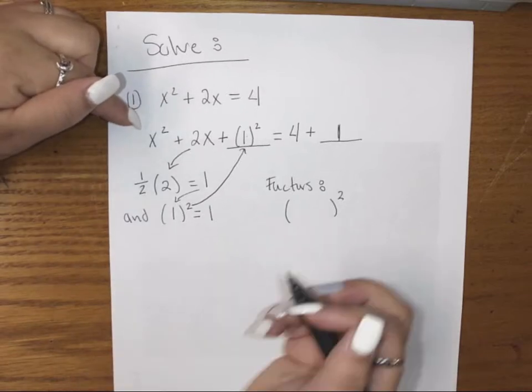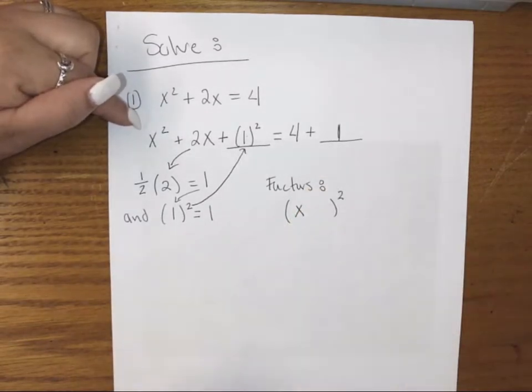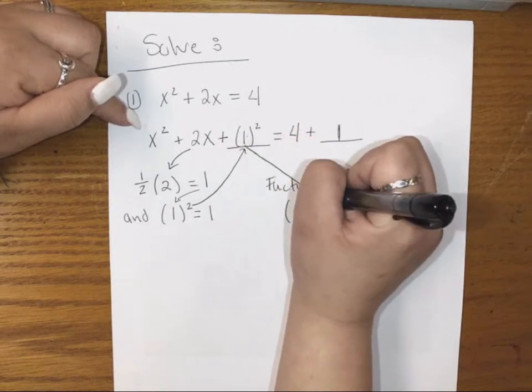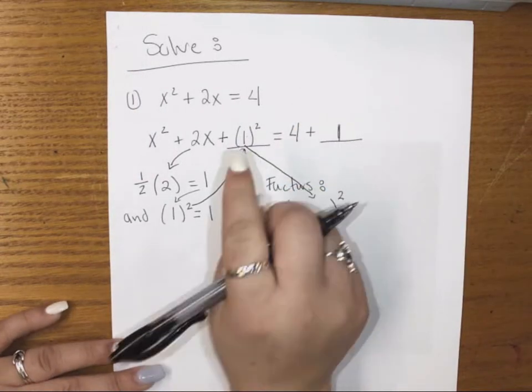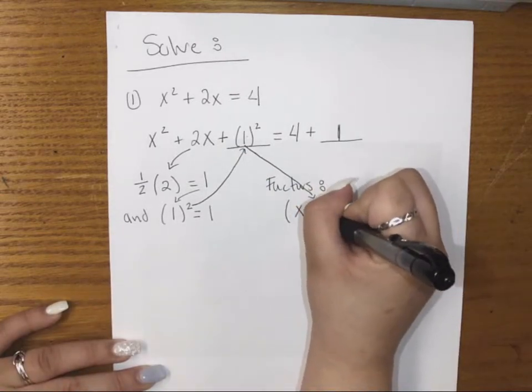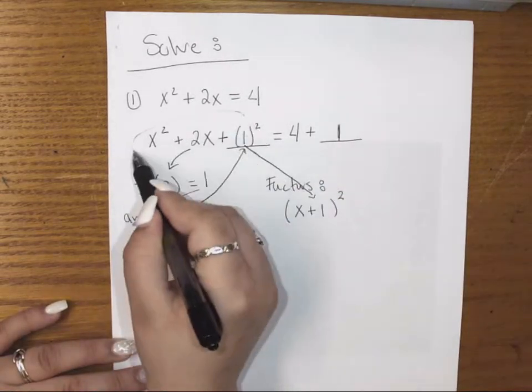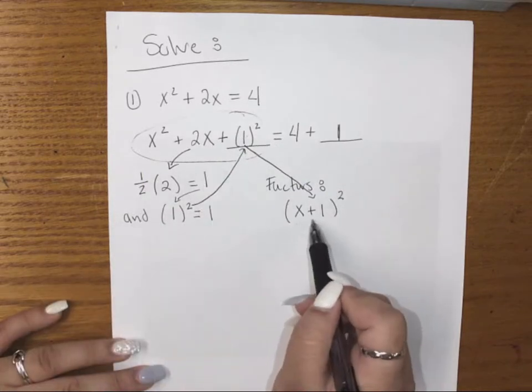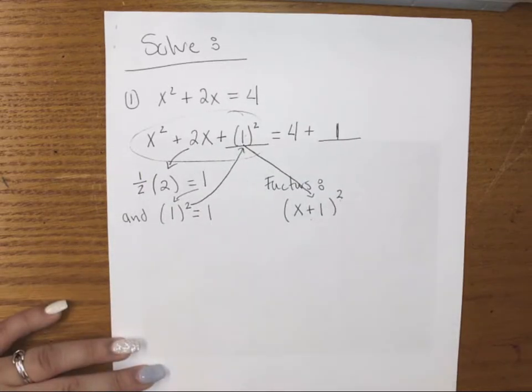Take your variable, x, and take the number inside the parentheses, which is a positive 1. So this trinomial, it's a perfect square trinomial, and it factors into x plus 1 squared.